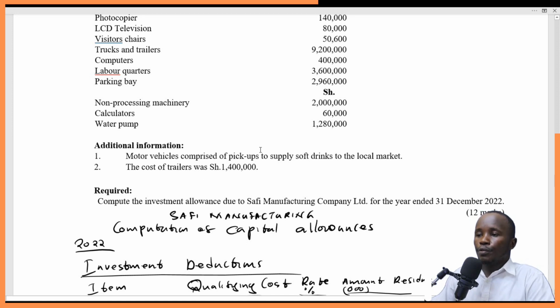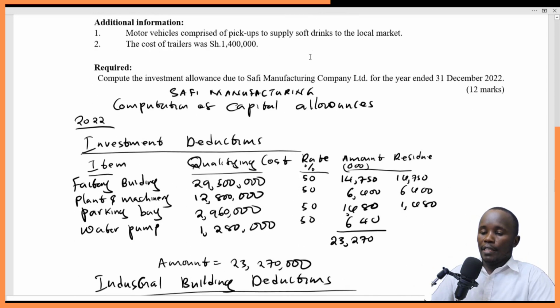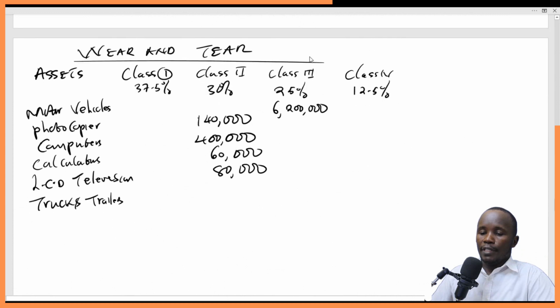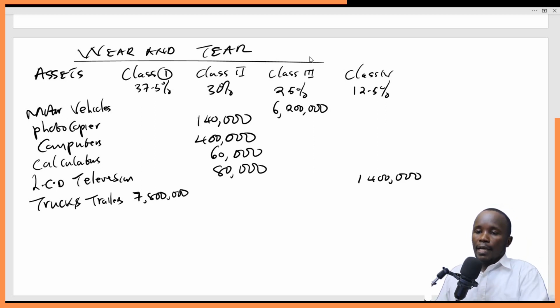Trucks, the total is 9.2 million, so 9.2 million minus 1.4 million. So the trucks, the heavy machine, is 7.8. Trucks are in class 1, 7,800,000. Trailers are in class 4, 1,400,000. Trucks are in class 1 because they're heavy machines. Trailers are in class 4.